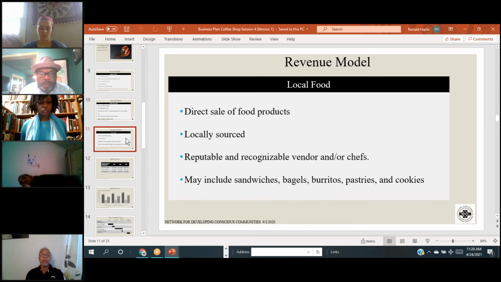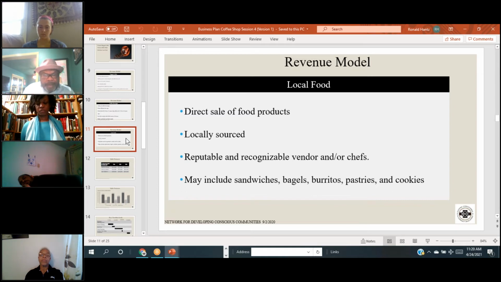Okay. So again, this particular coffee shop had three particular models. They had the bags of coffee, they were selling the drinks, and then of course they were dealing with the local food. So the third model was the direct sale of food products. Now they might have gotten them locally sourced from various different vendors around them, or they may have had one particular vendor that provided sourcing of products.